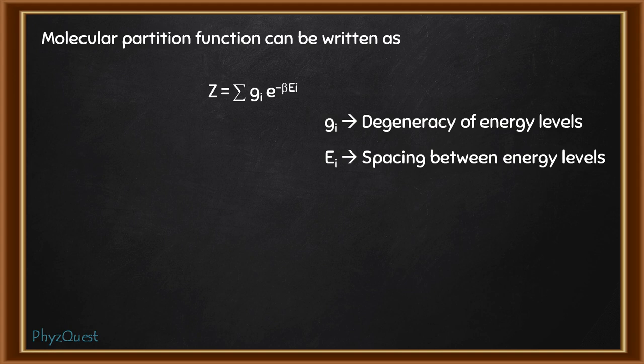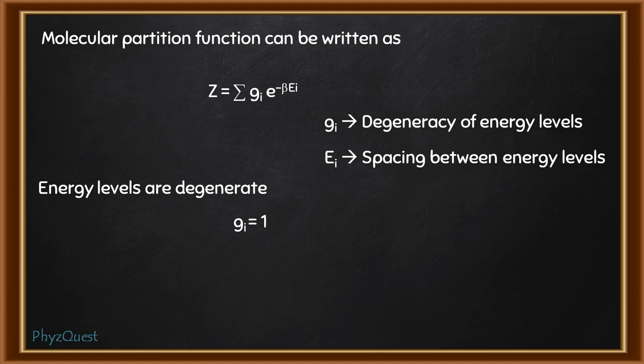Now in this question it is mentioned that the energy levels are non-degenerate. So here Gi is equal to 1.